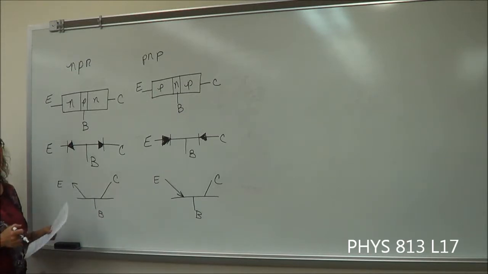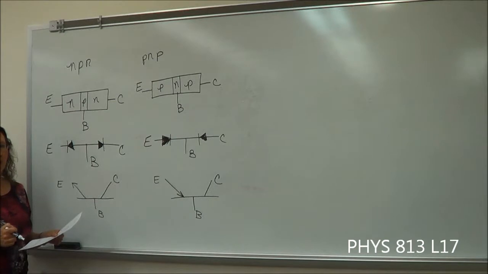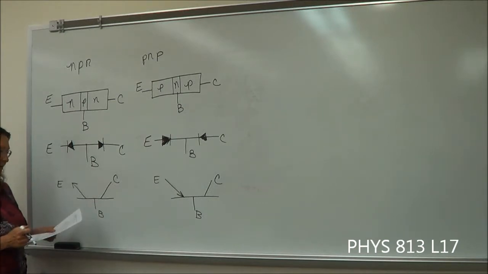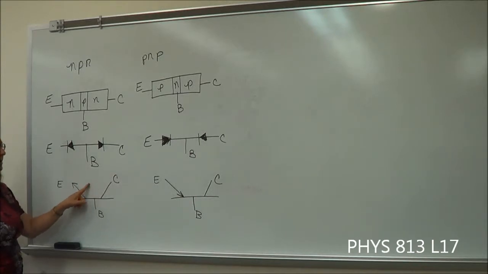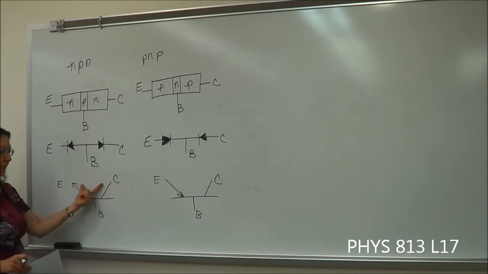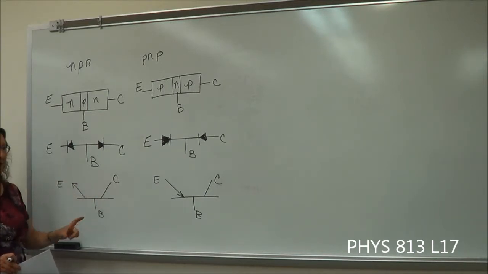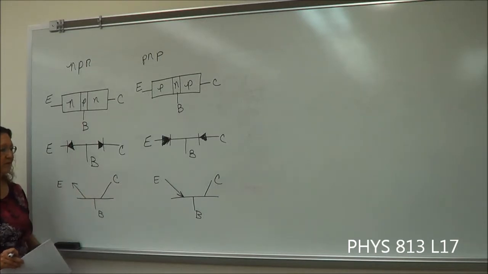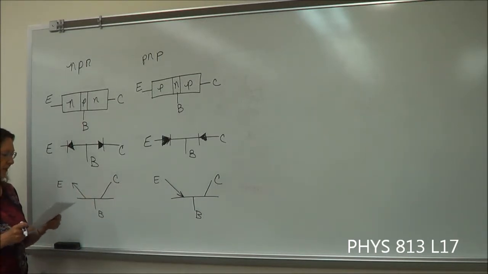And it is something you have to be careful about, or it's going to be easy to get things mislabeled. The base is really easy. It's the lead that's in the middle. There's no question about that one. But the emitter and the collector, you have to keep track of, because when you're looking at it one way, they're oriented one way, and when you're looking at it a different way, it's oriented differently. So I'll explain that in a minute.